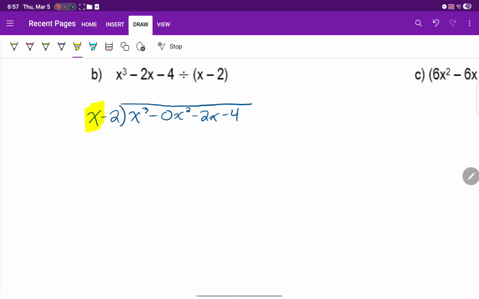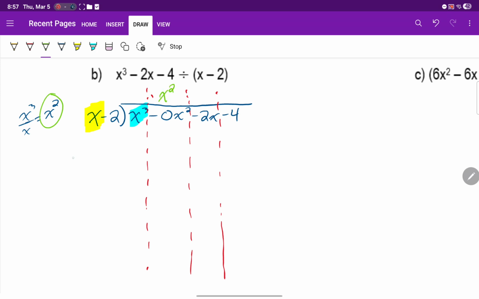First, how many times x goes into x cubed. So x cubed divided by x, and I get x squared. Now I might as well put my columns in again here. And so I get x squared, so I'm going to put that up here.